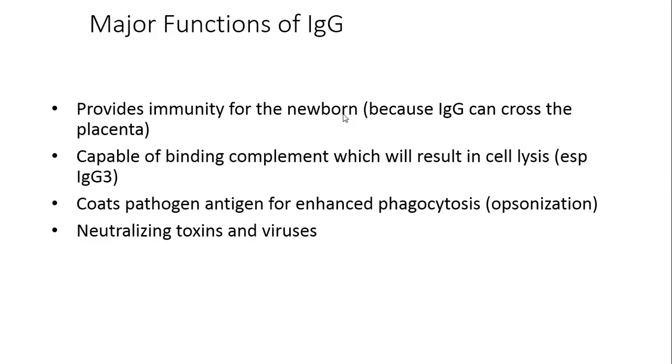What kind of functions do we have for this? Well, we've talked already that it provides passive immunity for the newborn, because IgG can cross the placenta.